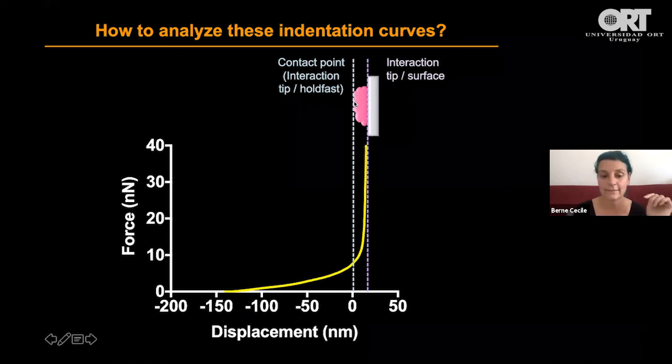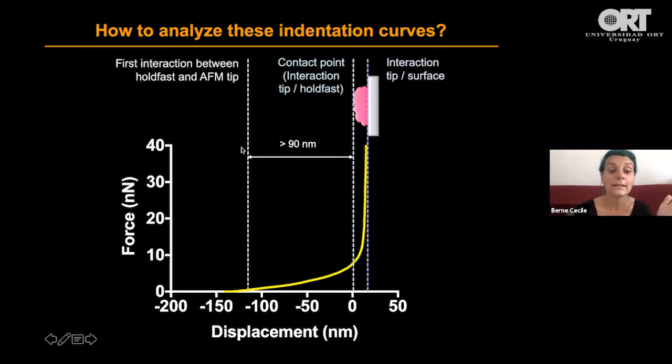In that case, this is here, and we set it to 0. But it seems that actually the tip can sense something about 100 nanometers before actually hitting the Holdfast.